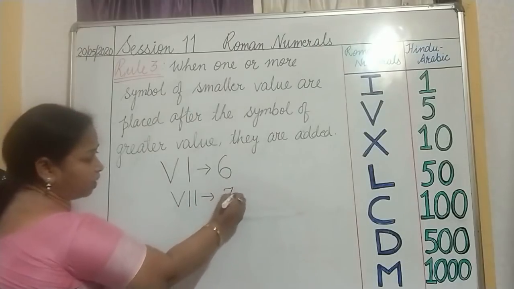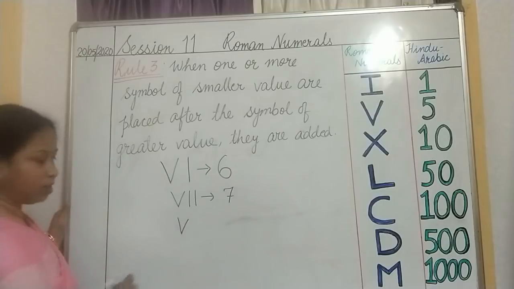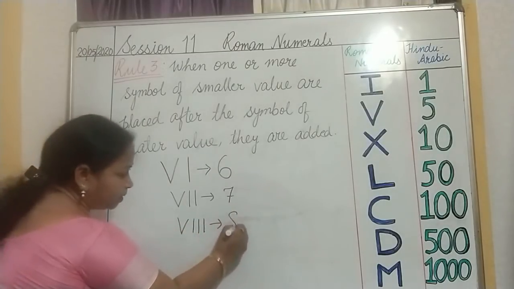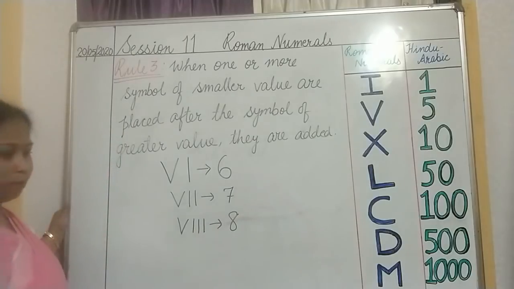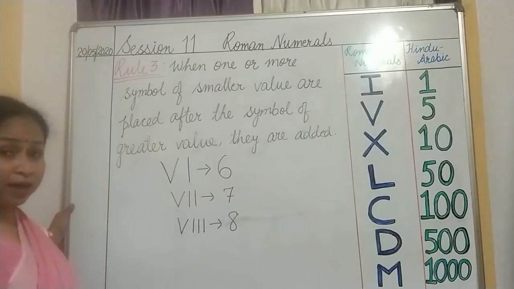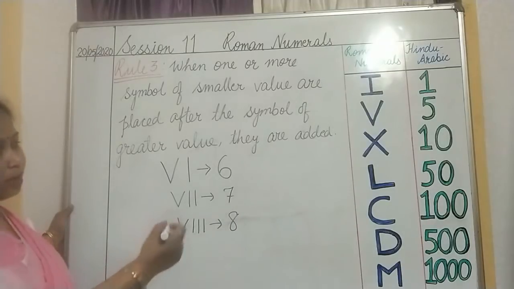So we will get the value 7. If I write V and place 3 I's, the value will be 8. But I cannot write 4 I's, as now you are clear that it can be repeated only 3 times.